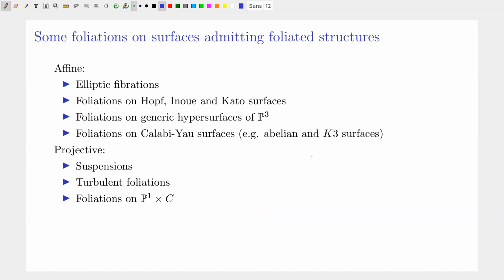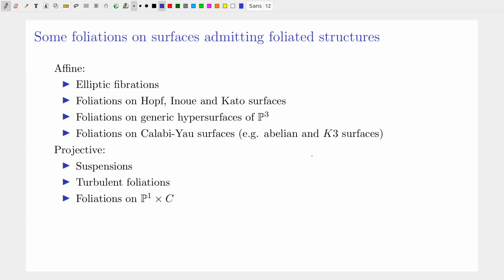We know, for example, that elliptic fibrations admit foliated affine structures. We may have singular curves, but on the regular curves we have canonical affine structures given by integration of one-forms along the curve.